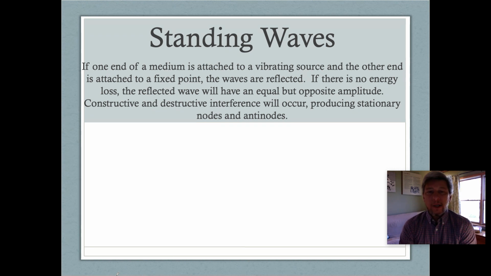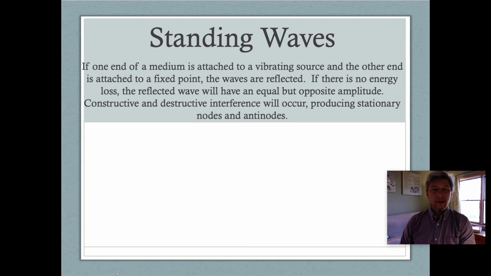If one end of a medium is attached to a vibrating source and the other end is attached to a fixed point, the waves are reflected. If there is no energy loss, the reflected wave will have an equal but opposite amplitude. We know that. This is from the lesson from yesterday. But constructive and destructive interference will occur, which will produce stationary nodes and antinodes.